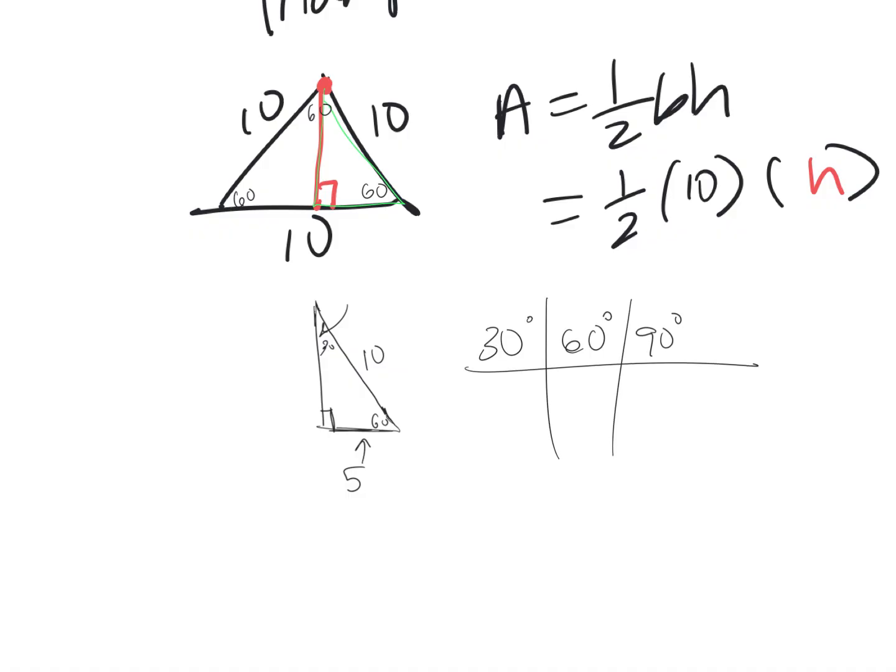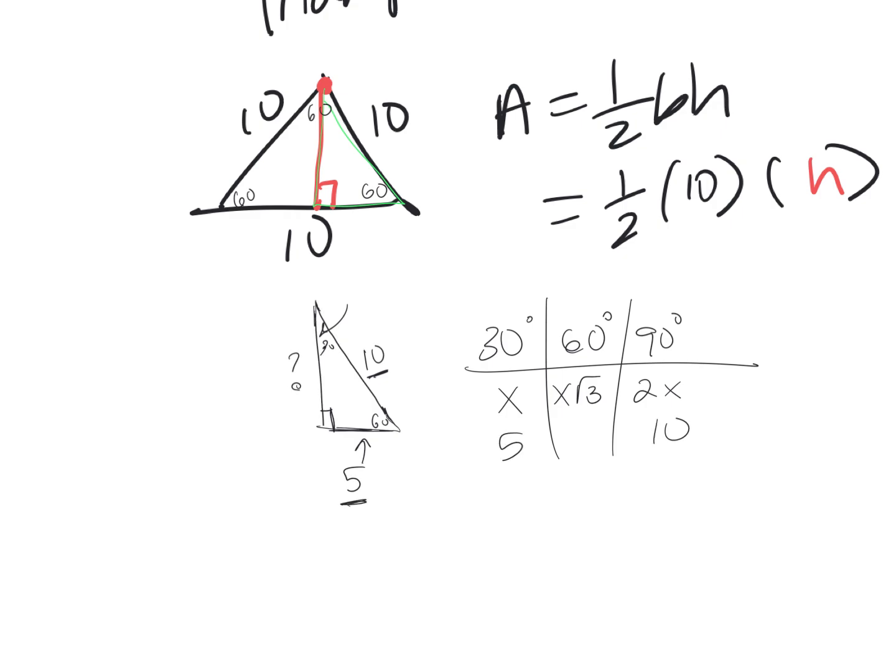So now we use that to our advantage. What are the side lengths of a 30, 60, 90? x, x square root of 3, and then 2x. Good. We already have our 2x and our x here, 5 and 10.